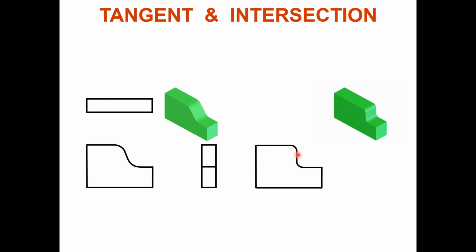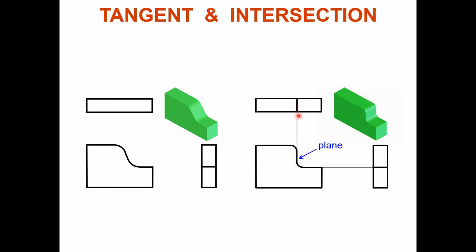Here is a tangent, but there is a cut also. So here there is a plane, so that will be drawn. When you see from the top, it is just like a limiting line. So there will also be a line drawn.